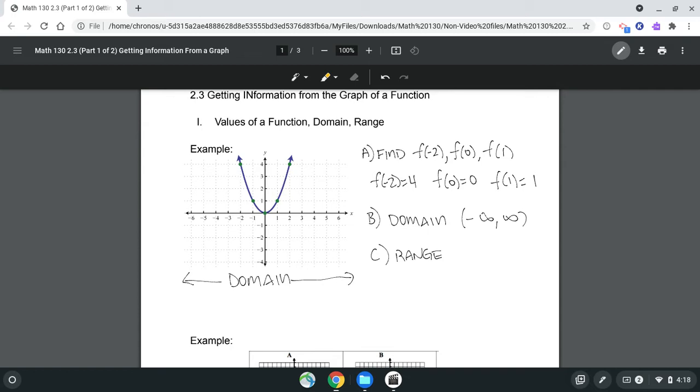However, when we talk about our range, that is our vertical space, right? So our range is our vertical space here, and we don't see all of the y values being used. We don't see these y values here being used with this function.